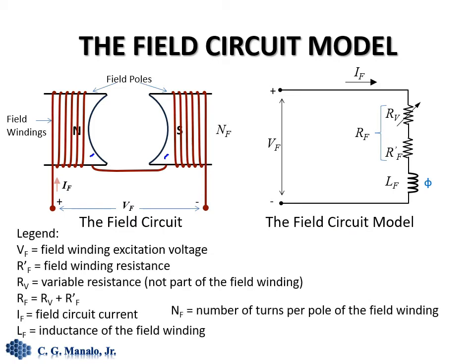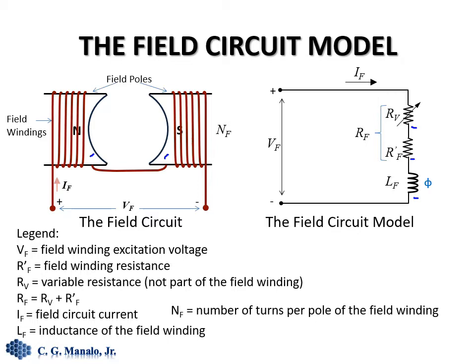Again, being a coil, we show there that it has an inductance, L sub F. It has a resistance. So here is the resistance of the field coil. And normally, the field circuit will have a variable resistance connected in series with it.